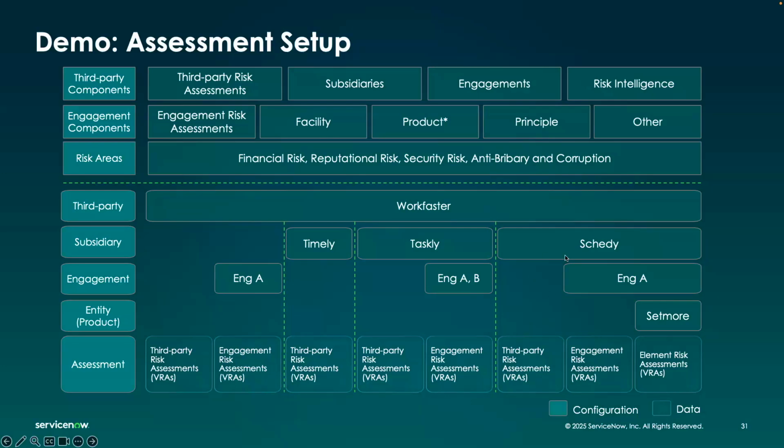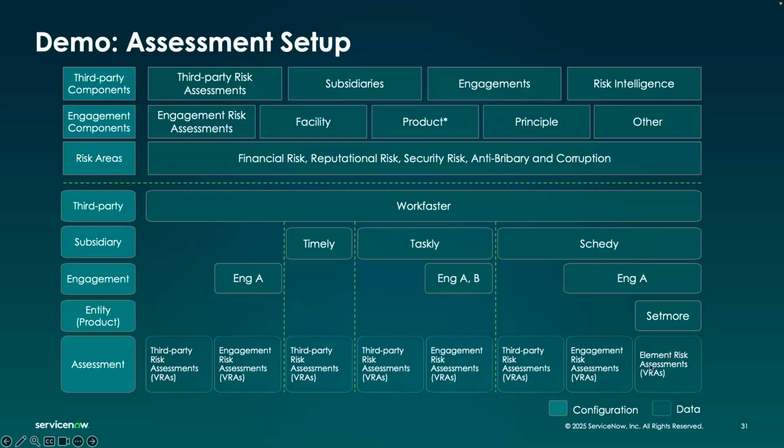You may be noticing not all assessments are being conducted as part of these ongoing engagements. So some of these assessments are being conducted directly at the third party level. These are assessments that are standing alone and being delivered directly to the third party, and that is okay. In addition, I also have an entity, Setmore, that is undergoing an assessment, as you can see, element risk assessment over here.